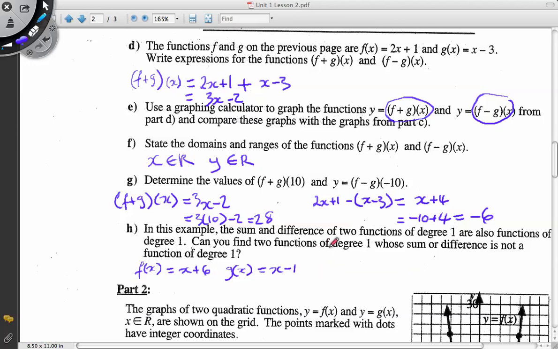When we subtract these, we'll certainly get an answer of 7. So that's the sort of thing they're looking at. But don't worry too much about this question.